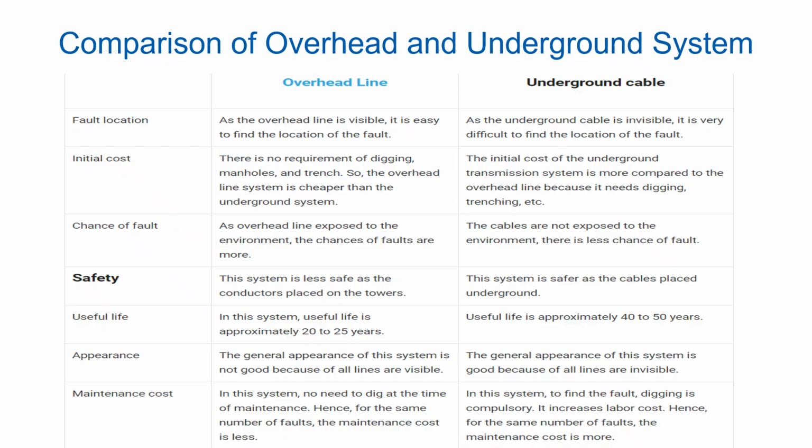But the initial cost of underground power system or transmission system, whatever you say, is more compared to the overhead transmission line.